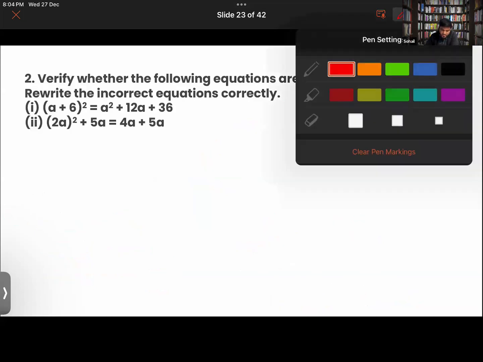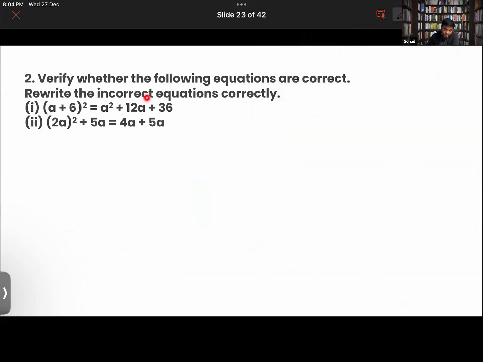Okay, this is also a question here. You have to verify whether the following equations are correct, or if they are incorrect, we have to rewrite the correct statement. All of you try to solve question number 1 first. Try to answer the question as soon as possible.